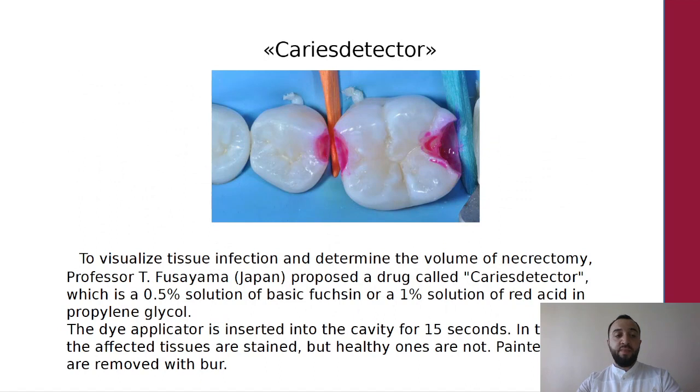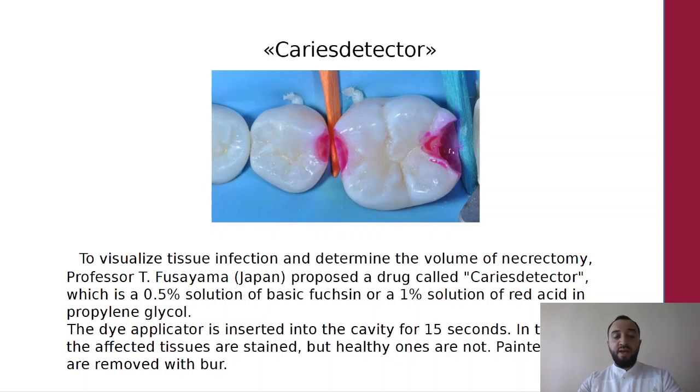Caries detector. To visualize tissue infection and determine the volume of necrectomy, Professor Fusayama proposed a drug which is a 0.5% solution of basic fuchsin or a 1% solution of red acid in propylene glycol.